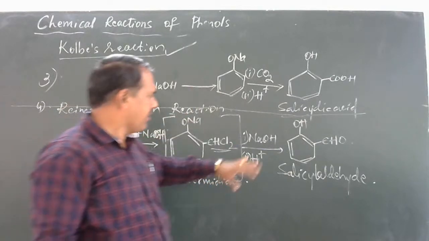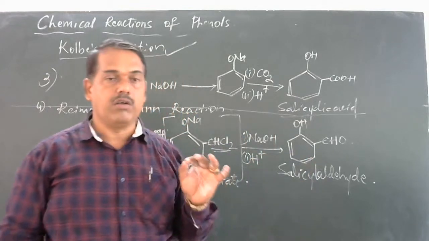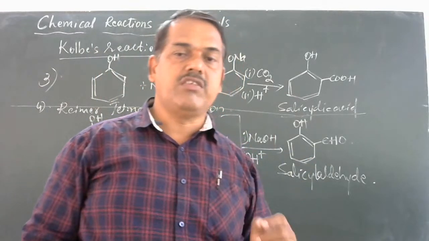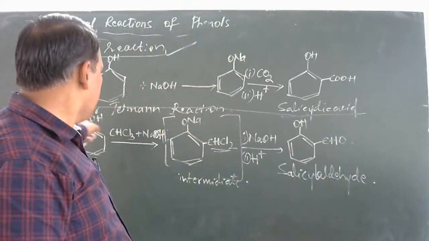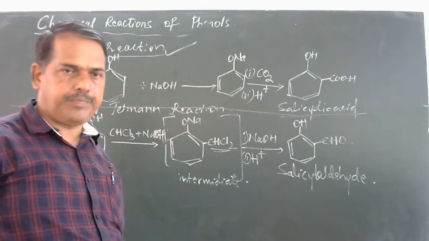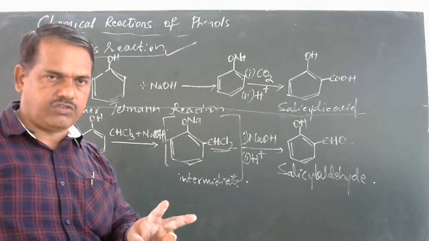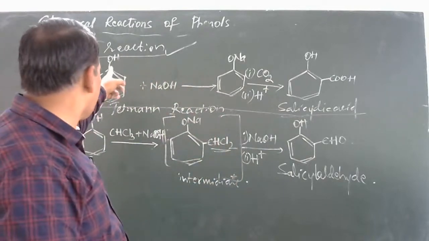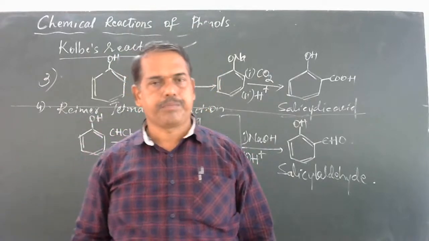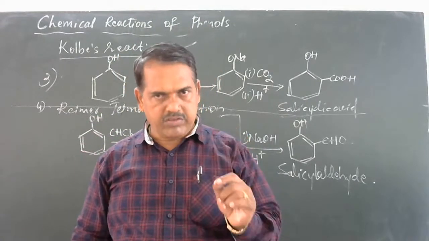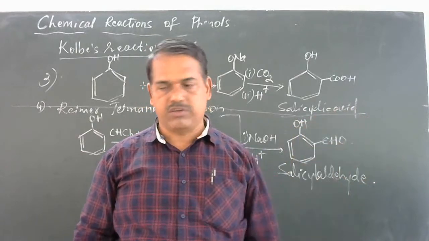It is again treated with sodium hydroxide and H plus, we will get salicylaldehyde. And this particular reaction is called Reimer-Tiemann reaction. We studied two important named reactions. What are those? One is Kolbe's reaction, another one is Reimer-Tiemann reaction. Are you clear?